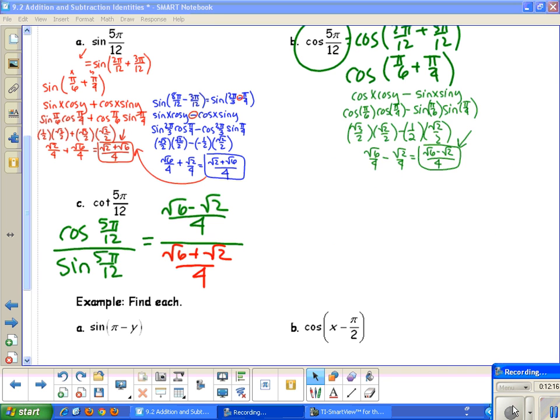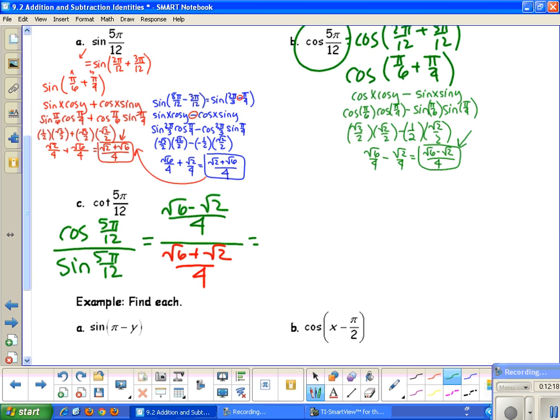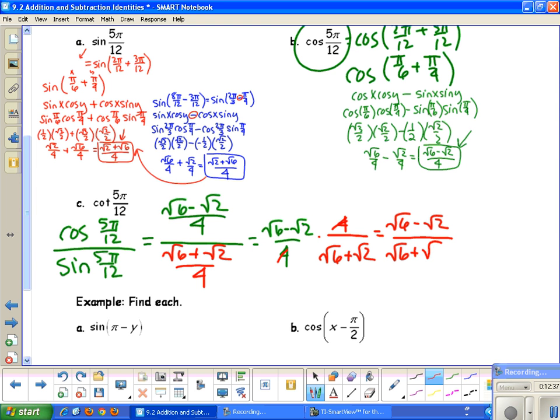So we just have to simplify this. If I simplify this, I have root 6 minus root 2 over 4 multiplied by the reciprocal of the denominator, so 4 over root 6 plus root 2. These 4's end up canceling out to give me root 6 minus root 2 over root 6 plus root 2. Now remember, we don't like to have radicals in the denominator, so how do I get rid of the radicals in my denominator?